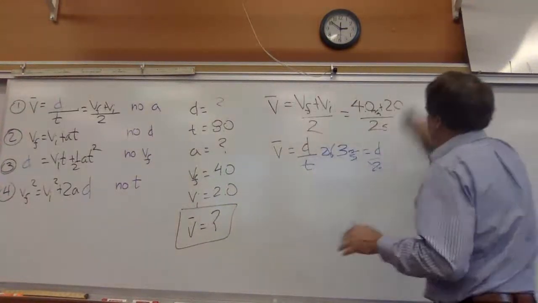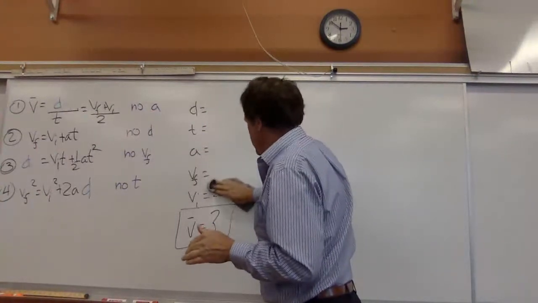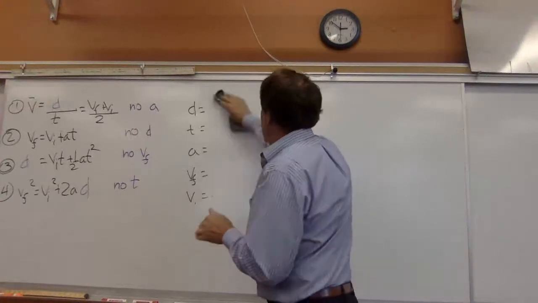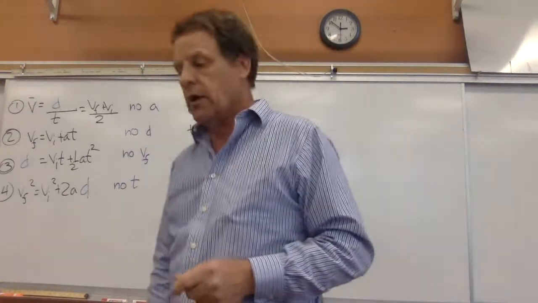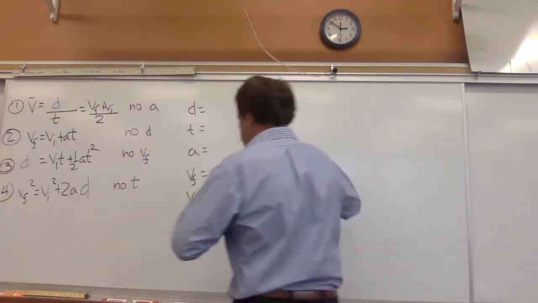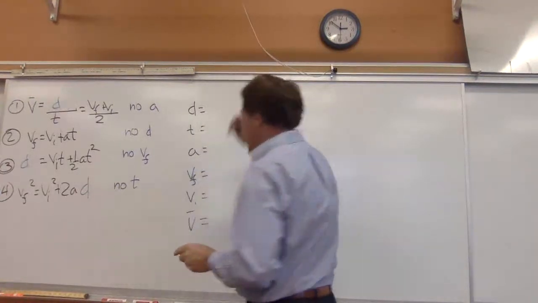And here we're going to see the strategy of finding 3 variables and the unknown to get the answer that we are looking for. Okay, so we also have average velocity down here.